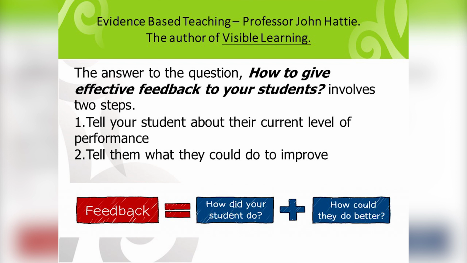Evidence-based teaching: Professor John Hattie, the author of Visible Learning, answers the question how to give effective feedback to your students, and he suggests two steps. The first one, tell your student about their current level of performance, and the second, tell them what they could do to improve.